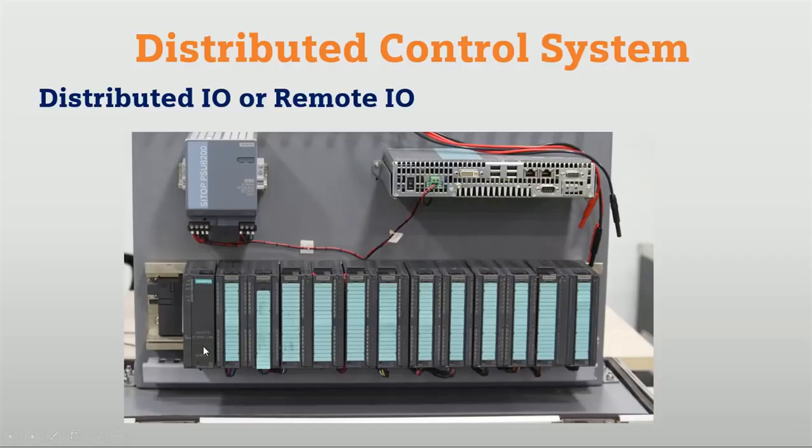We can say extended terminals or CP card, and from this communication processor we can connect the automation station. By this Profibus cable or plant bus we can connect both the automation station and distributed IO. These distributed IO can be connected in the field area, and from the field area we are sending the data to the automation station.